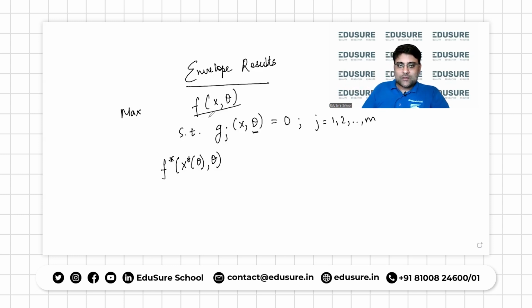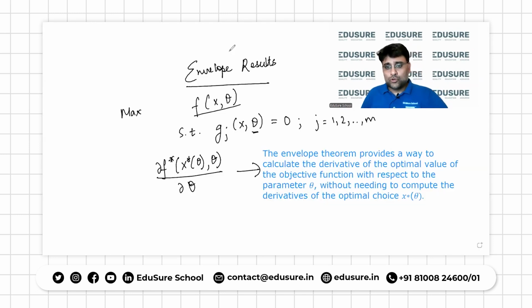So if I were to write it down, it tells us a way to calculate this value, that is del f star del theta. To say it in words, the envelope theorem provides a way to calculate the derivative of the optimal value of the objective function with respect to the parameter theta without needing to compute the derivatives for the optimal choice, that is x star.